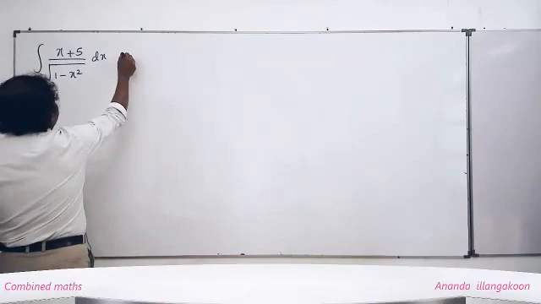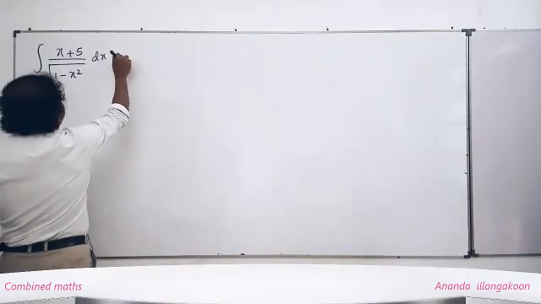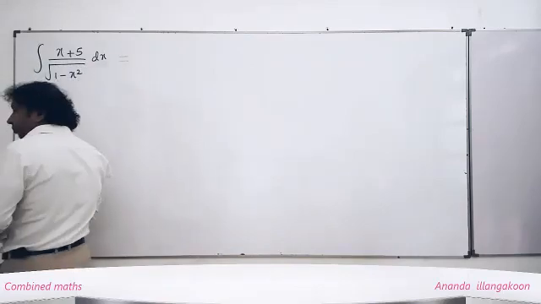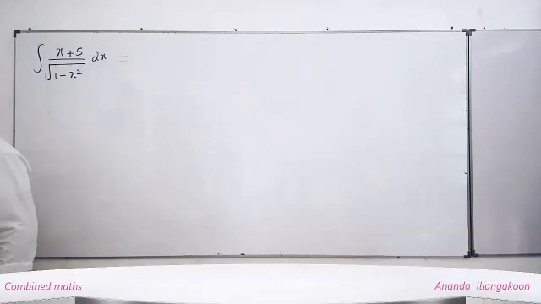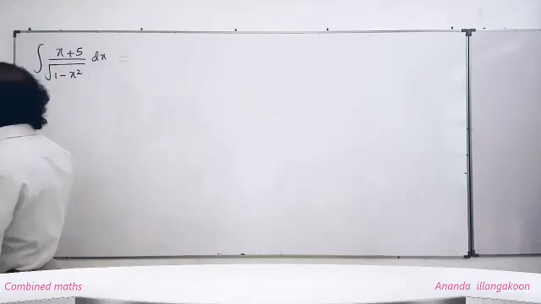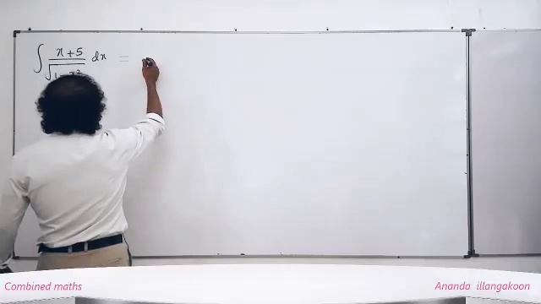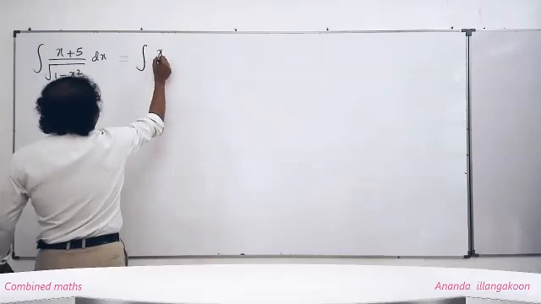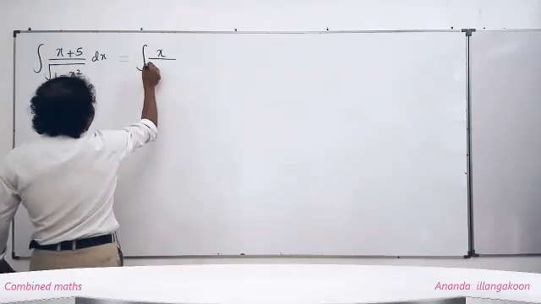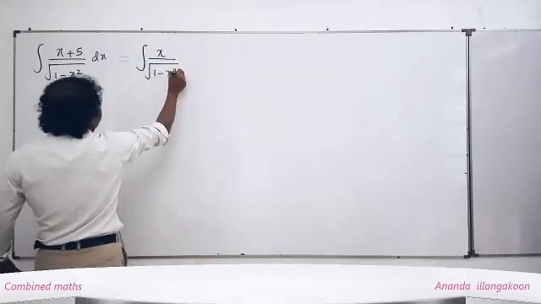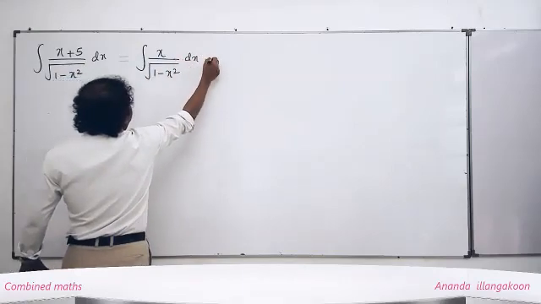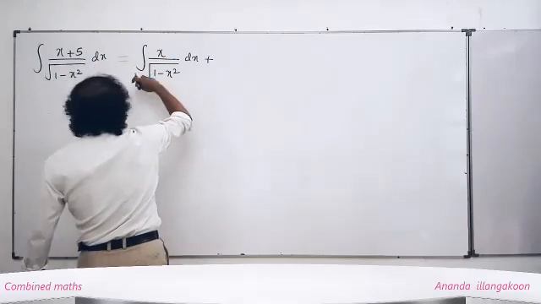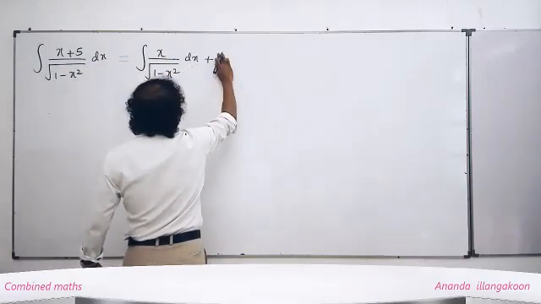You can write this divided into two parts like this: x divided by root of 1 minus x squared dx, and 5 divided by this. That 5 can be taken out.